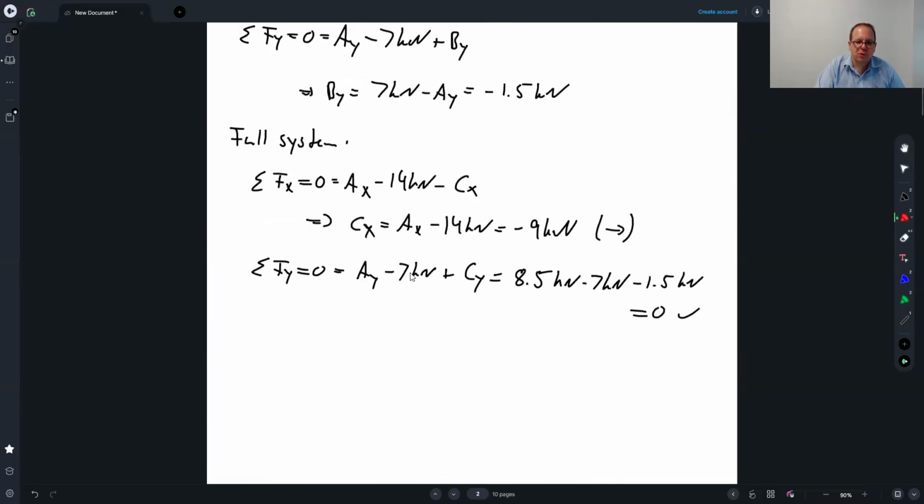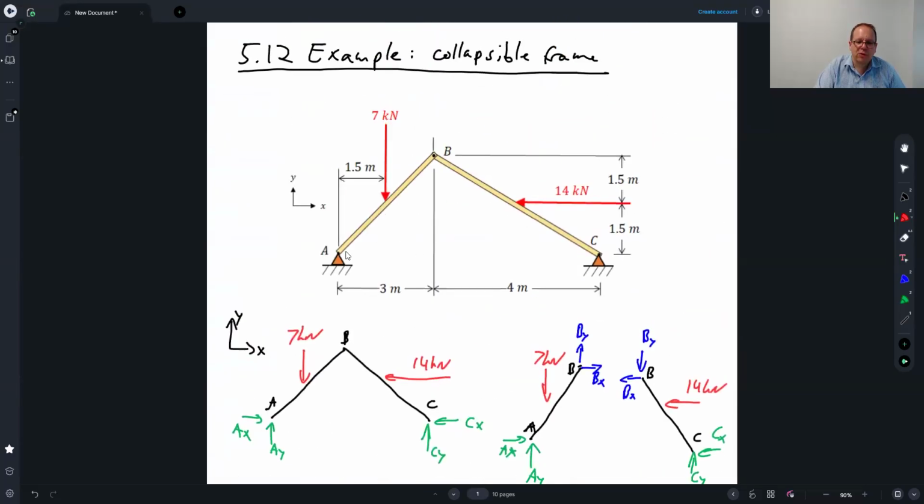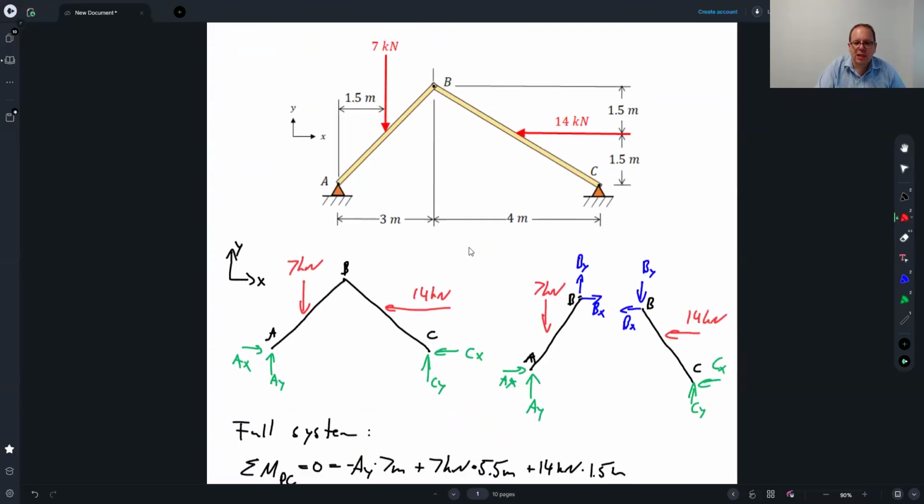So this was an example of solving for the support reactions and the forces in the pins for a collapsible frame. So again, the idea is that we take our frame, we do the free body diagram of the entire frame, replace the supports by forces, and then we take the frame apart and add forces where the pins are.